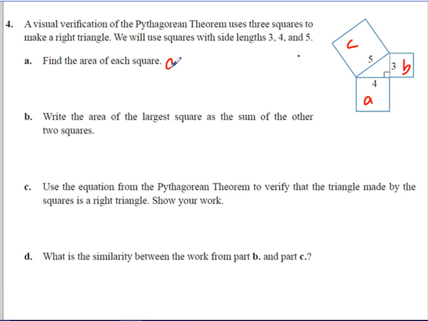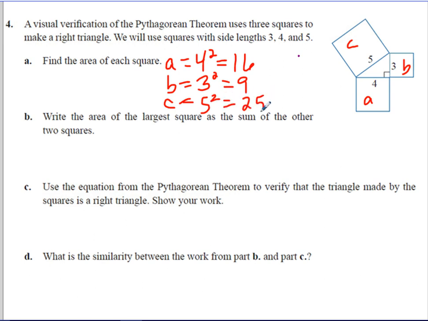So for A, the area of that square would be 4 to the second power, or 4 times 4, which will give us 16. B would equal 3 squared, 3 times 3, which would equal 9. And C would equal 5 squared, or 5 times 5, which is 25. Then it says to write the area of the largest square, which would be your hypotenuse square, which would be C, which we got as 25, as the sum of the other two.